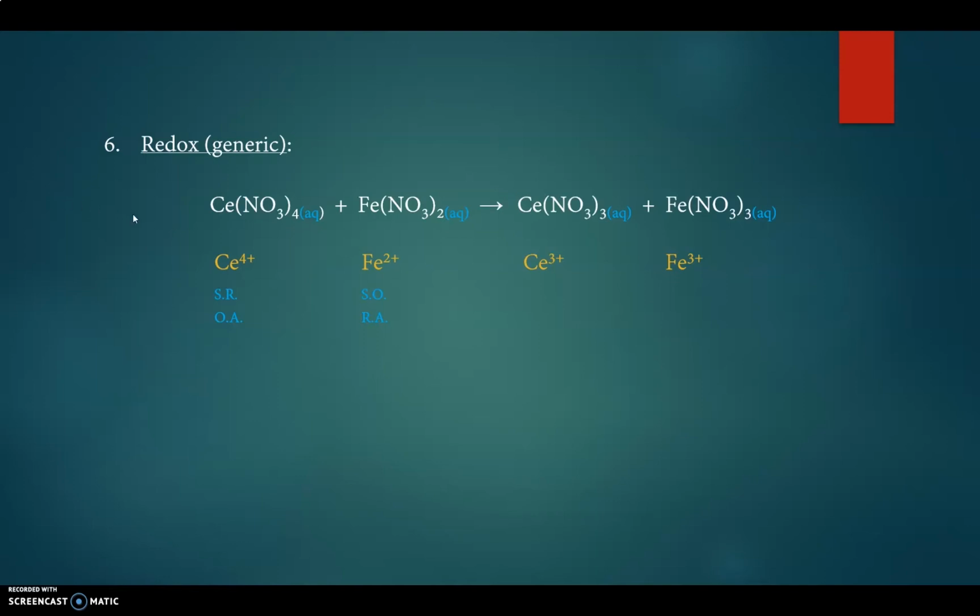So in this example, we started out with a cerium with a positive 4 charge and iron with a positive 2, and the cerium ended up at positive 3 and the iron at positive 3. So the charge on the cerium decreased, and that means that it was the substance reduced and also therefore the oxidizing agent. The charge on iron went from positive 2 to positive 3.